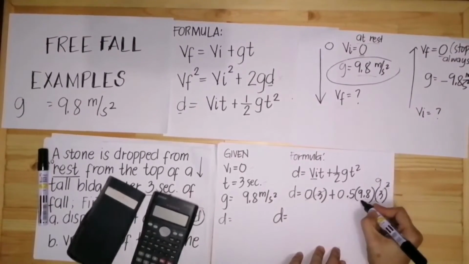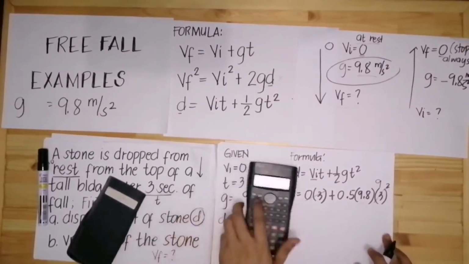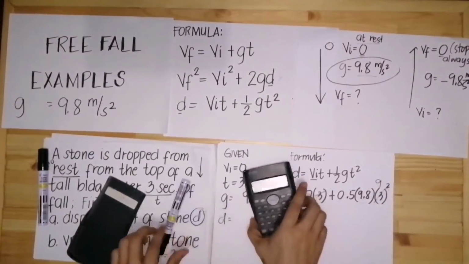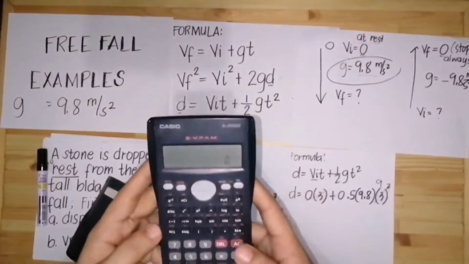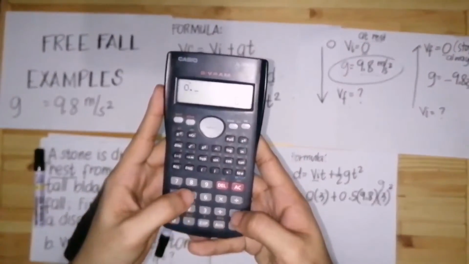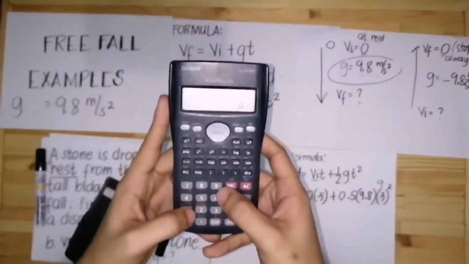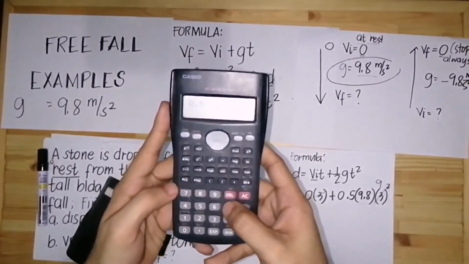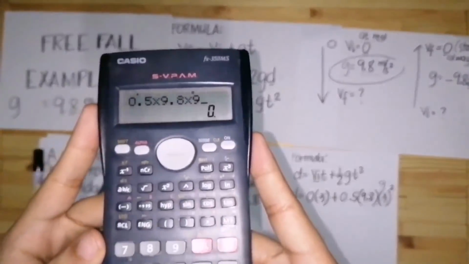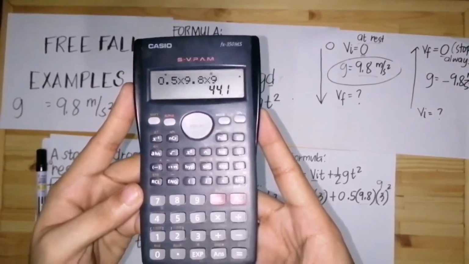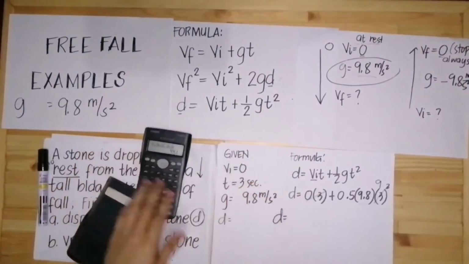Multiply natin itong tatlong numbers using the calculator. So, lagyan natin 0.5 times 9.8 times 9 is equal to 44.1.